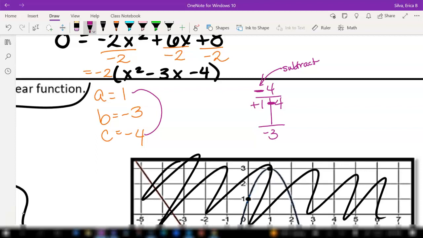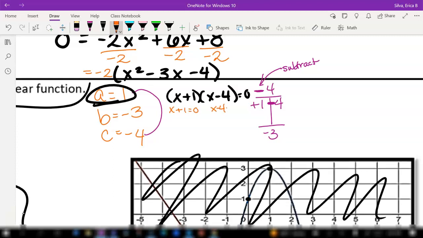Because negative 4 plus 1 gives us negative 3. Because my A value is 1, we can use our shortcut, which is x plus 1, x minus 4. Because we're solving, we set them each equal to 0. Then we get x is negative 1 and x is positive 4.